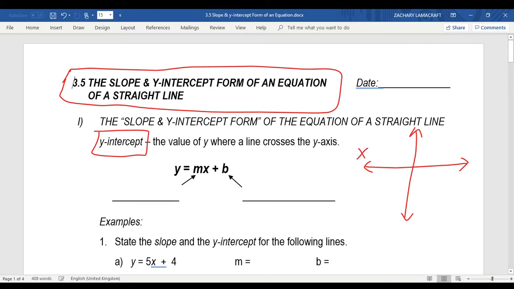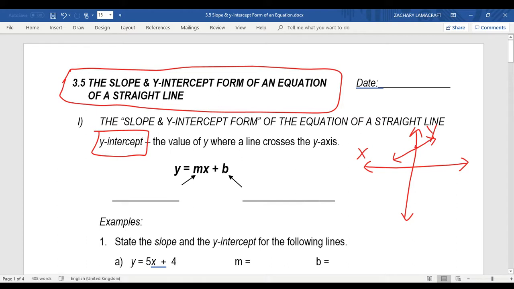And the one that goes up and down is called y. So just by hearing the word y-intercept, you should kind of figure out that it's going to be some point crossing the y-axis. That's the whole point of the y-intercept. So if we had a line that crossed through this point, this area right here, or that number, is going to be our y-intercept.